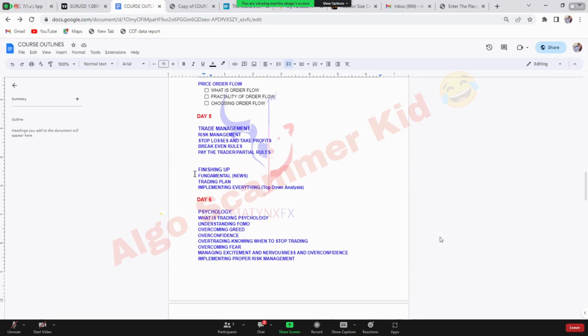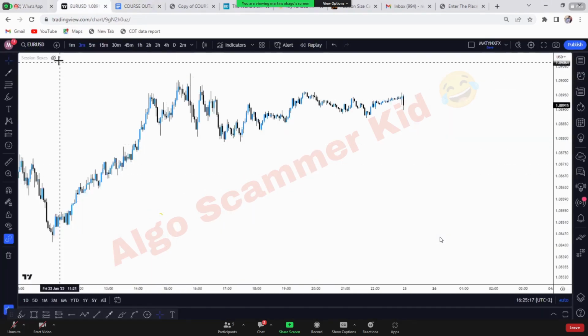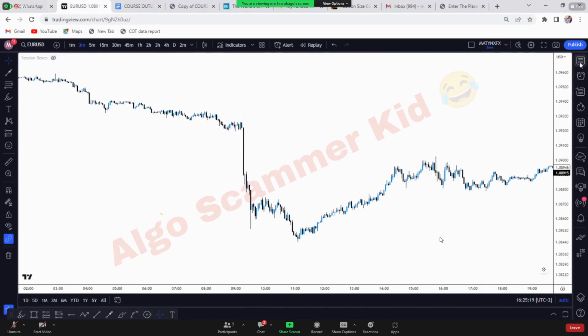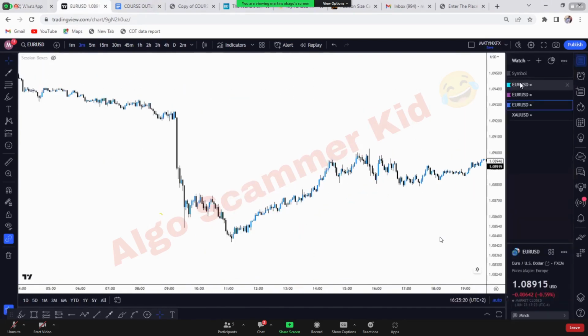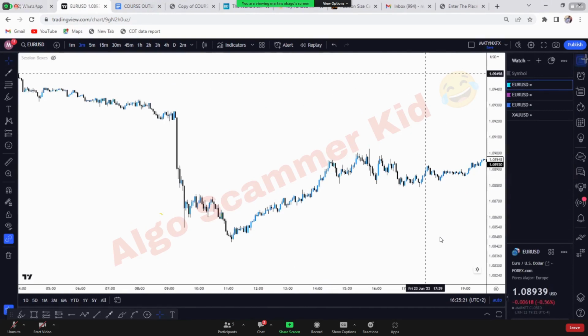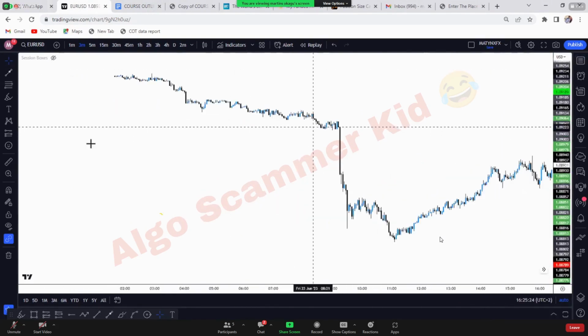Finishing up, we have fundamentals, trading plan, implementing everything, the top-down analysis. So let's start with the trade management. Let me use my trade as an example. I think it would be best to use an example of my trade.